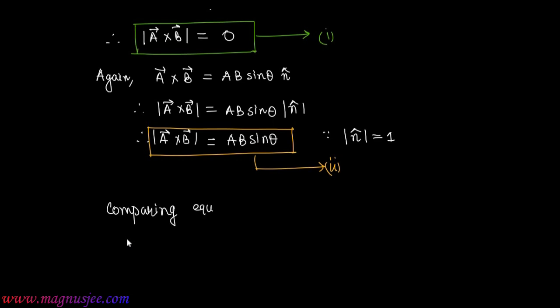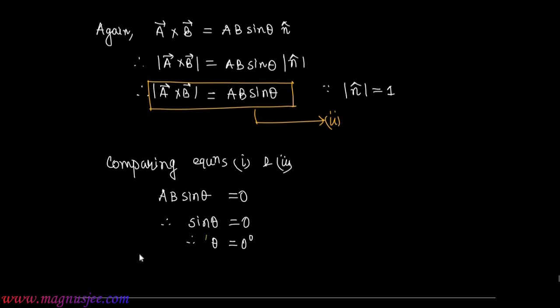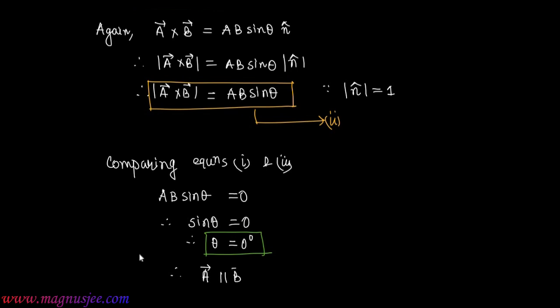Comparing equations 1 and 2, we get AB sin theta equal to 0. Therefore, sin theta will be equal to 0, so theta will be equal to 0 degrees. Therefore, vector A is parallel to vector B because the angle between the two vectors, theta, is 0 degrees.